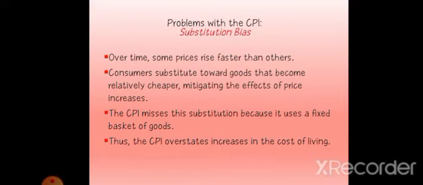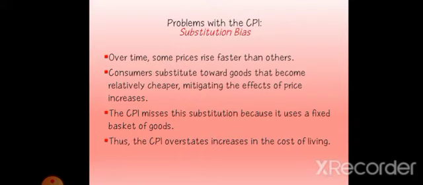Since a consumer is a rational thinker, of course, he would favor goods that have a relatively lower price than other goods. So, for example, if a price index is computed assuming a fixed basket of goods, it ignores the possibility of consumer substitution and therefore overstates the increase in the cost of living from one year to the next.